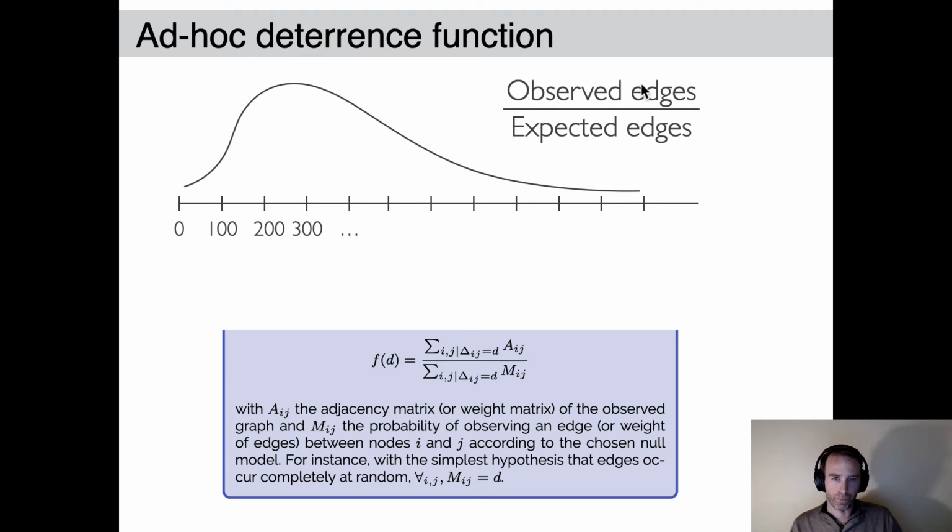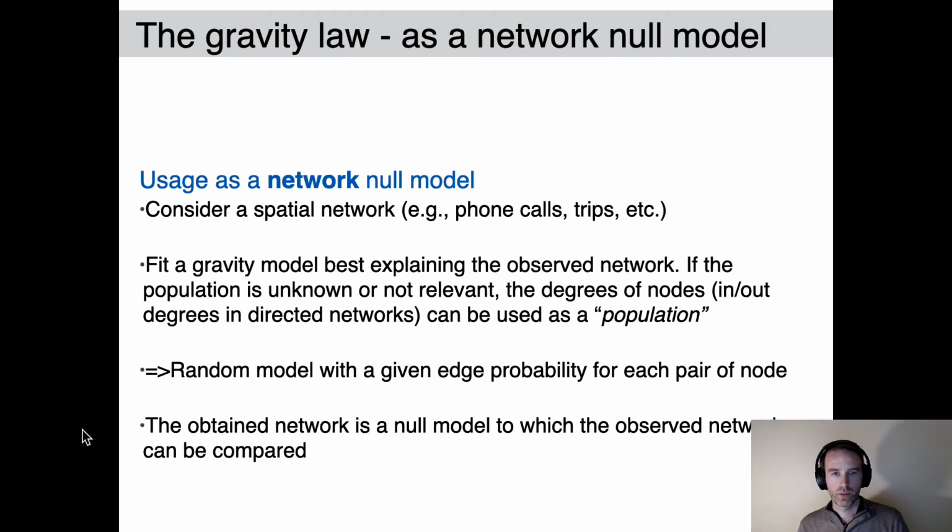So as you can see, what's really interesting here is that we are computing, for your observed network, what is the influence of distance, and then we would like to generate a random graph which is respecting this exact influence of the distance.